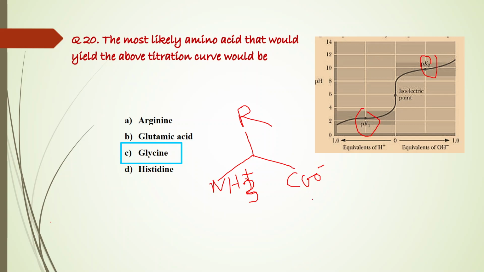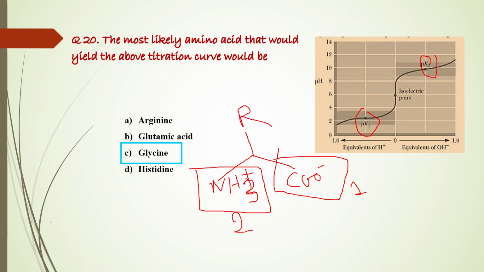Whenever we are thinking about pK values, there is one functionality that can protonate or deprotonate. So there goes our one functionality. This is another functionality that can protonate or deprotonate, that can give rise to another pK value. So there goes our second functionality.